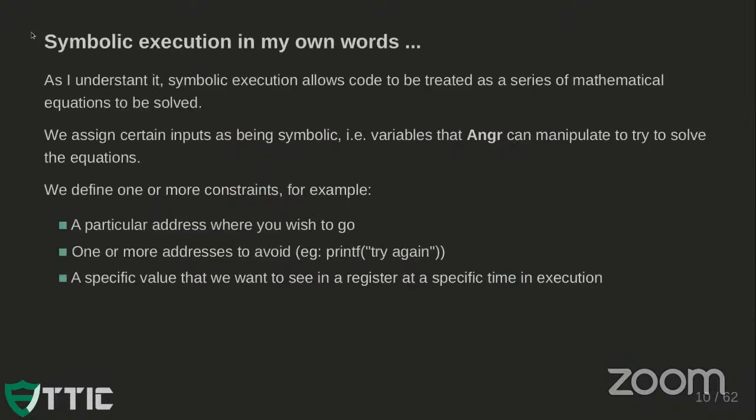So like I said, the symbolic execution. When you set the machine state at the beginning, you tell angr to start at this address, and you can also give it a list of addresses to avoid.